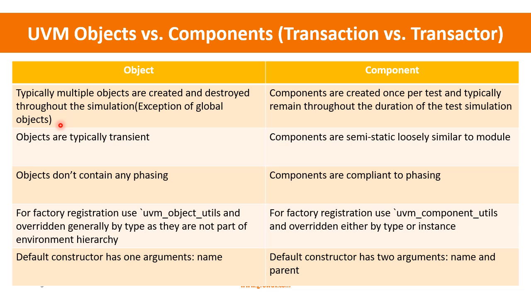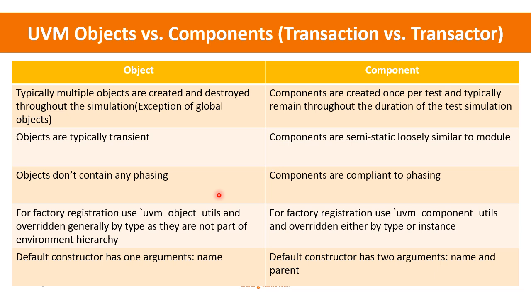Whereas various sequence items and sequences that we had created, they all get created and destroyed. While components get created once per test and typically remain throughout the duration of the test simulation. Objects are typically transient, whereas components are semi-static, loosely similar to modules, which also have a static existence.